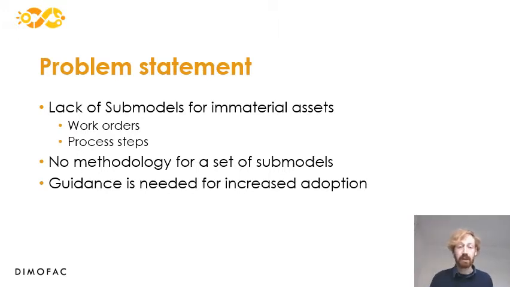In particular, in our scenario, we found that we lacked submodels for immaterial assets, such as work orders and process steps, because those are also very important for a shop floor factory. And there was no methodology on how to produce the set of submodels required for a particular scenario. Such a methodology is definitely needed to provide guidance, which is needed for increased adoption.